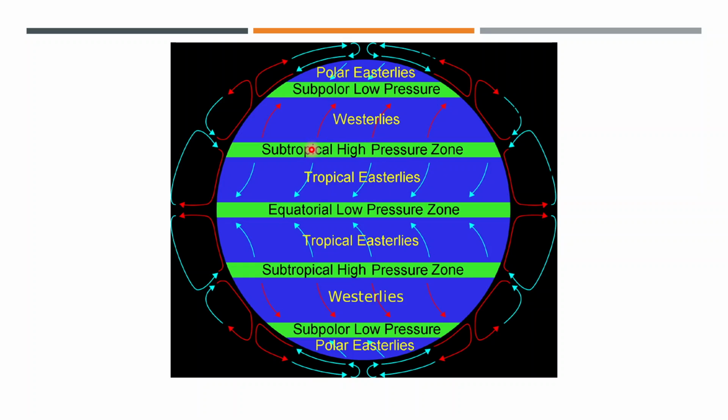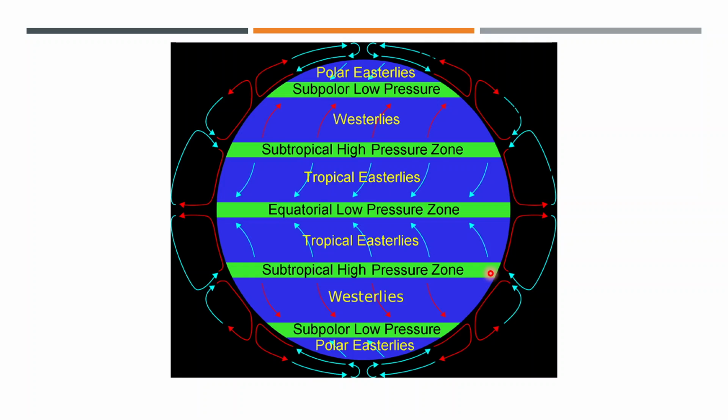Next, we come to the subtropical high pressure zone. Now, this belt extends from 30° north to 35° north in the northern hemisphere and 30° south to 35° south in the southern hemisphere.